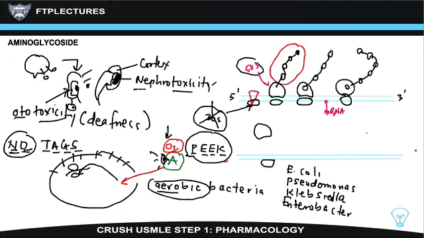Lab work was done and the patient has elevated BUN and creatinine. Wait a minute, that's not good. That's renal failure, right? What drug is causing this problem? Well, what you need to know is they're testing you on aminoglycosides. They cause nephrotoxicity and ototoxicity.